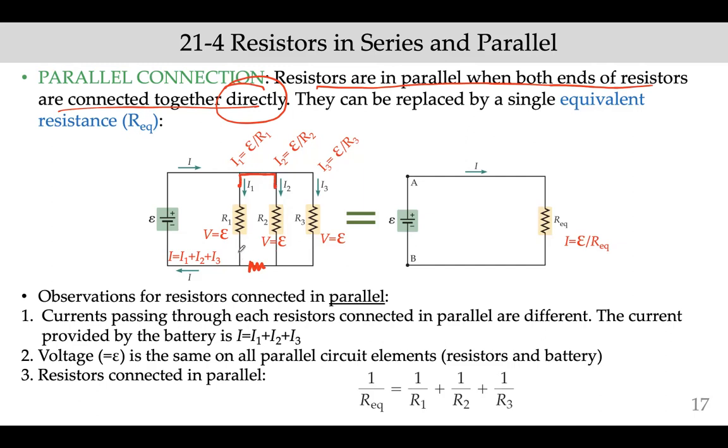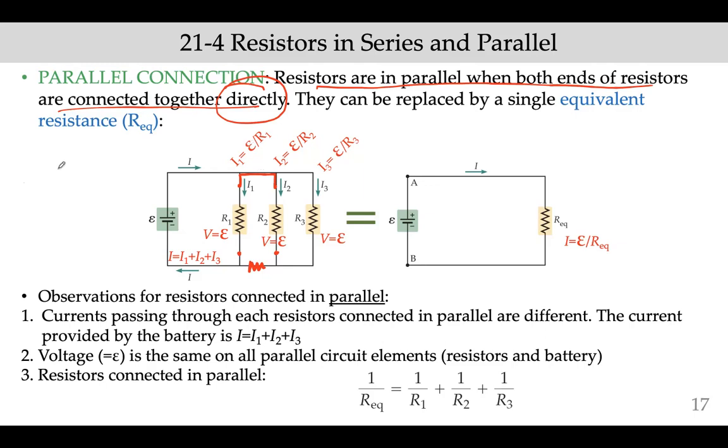As you can see, this end of R1 and this end of R2 are not connected directly because there is another circuit element in between. In this case it's a resistor, or you could put a capacitor. That would break the condition of parallel connection.